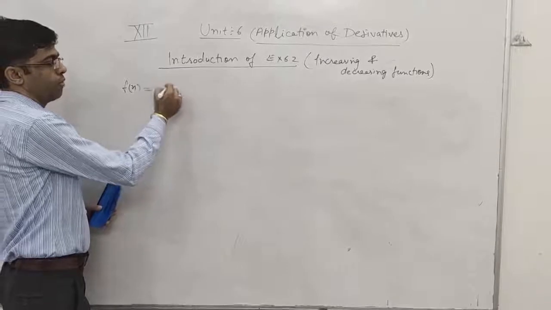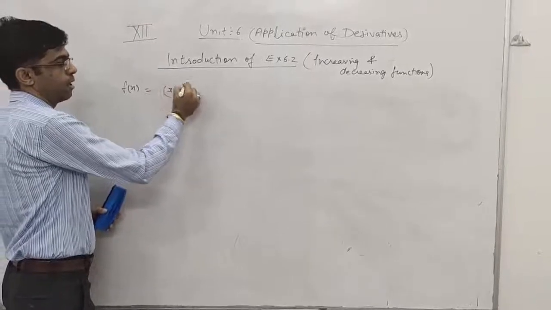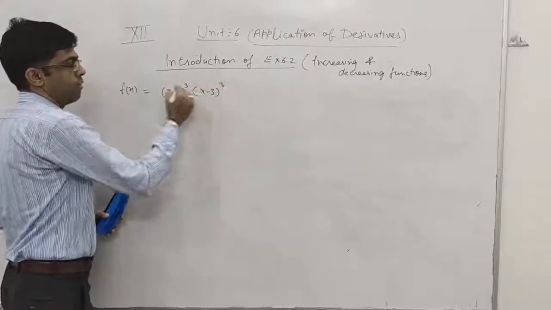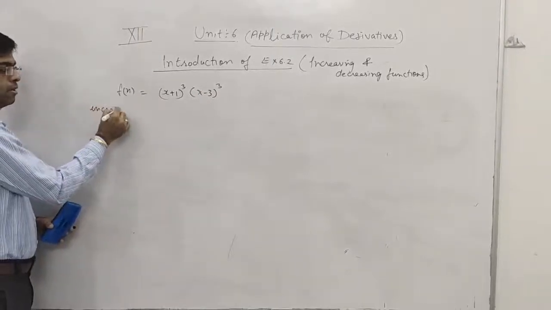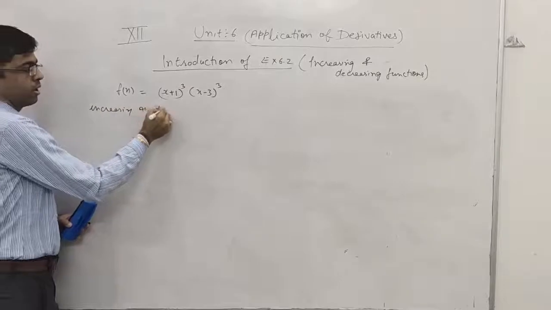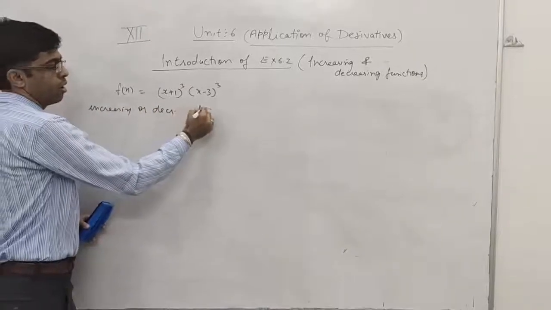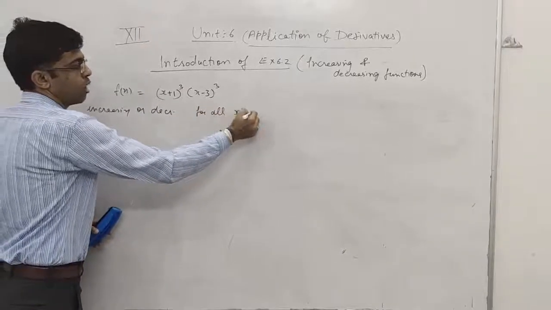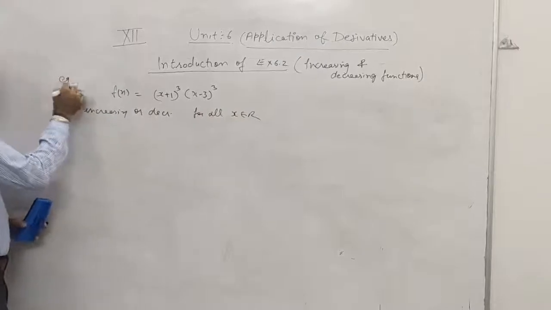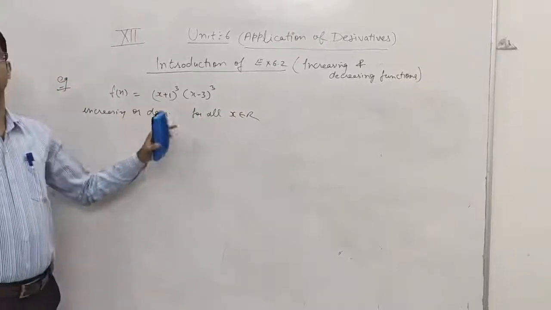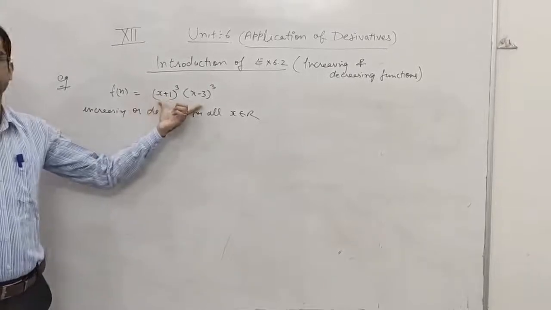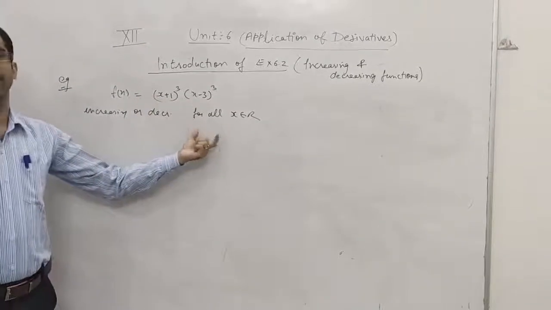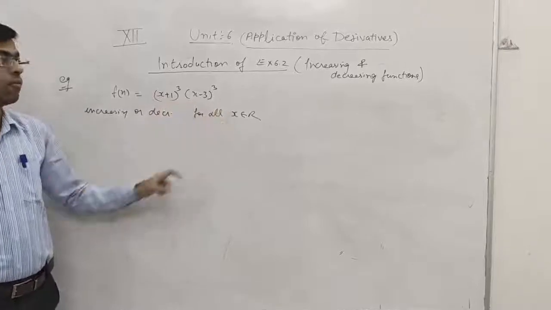Now this trigonometric function I am taking, suppose, and we want to find whether this function is increasing or decreasing for all x belongs to R. I am taking this example just to tell you the basic concept. For this function, how will we find out whether it is increasing or decreasing for all values of x?